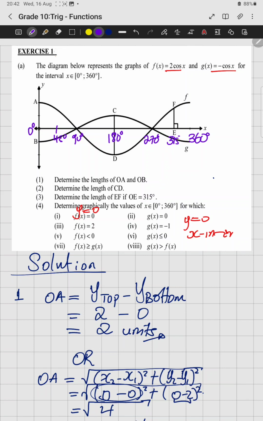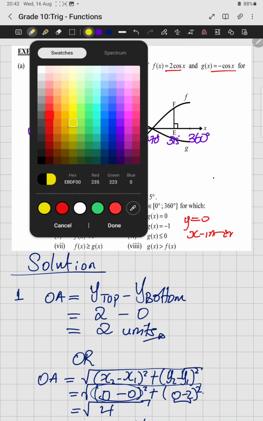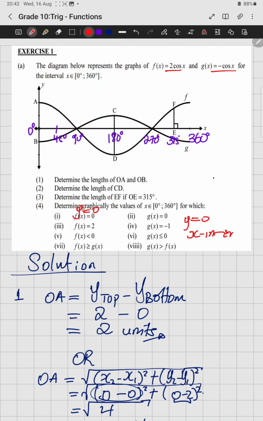Okay, so now the values of x where y is 0: y is 0 here and here. So the values of x are 90 and 270.